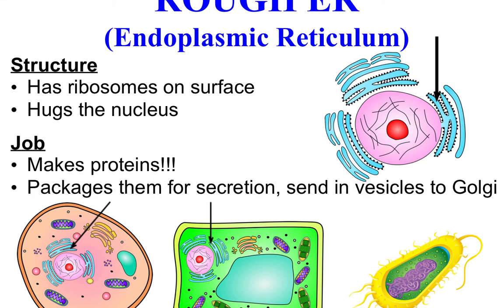Rough endoplasmic reticulum has ribosomes on the surface of it, and you'll notice in all of the diagrams that have rough ER, it kind of hugs the surface of the nucleus a little bit. The rough endoplasmic reticulum's job is to make proteins. It'll then package them for secretion to be moved out of the cell, sending them in vesicles to the Golgi apparatus.